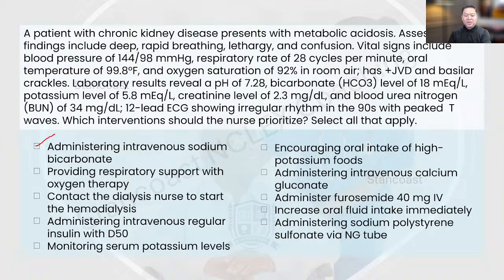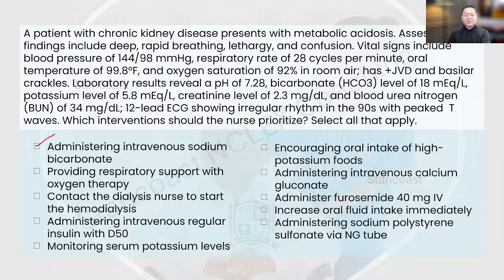Why? Because when there is metabolic acidosis plus hyperkalemia, this is going to affect the overall state of the body system. It can affect the hemodynamics, the cardiac function, and it can also affect the patient's mentation.